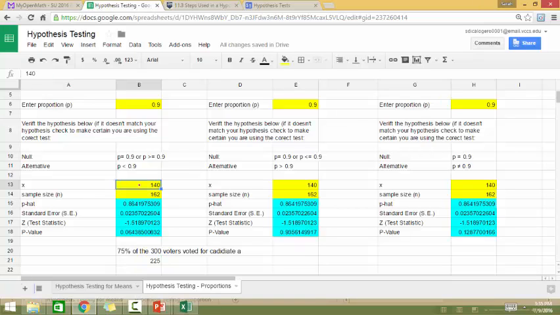So here my x would end up being 225 over 300, and my p hat value is 0.75. And I know that comes up sometimes, so I just wanted to throw that in there.